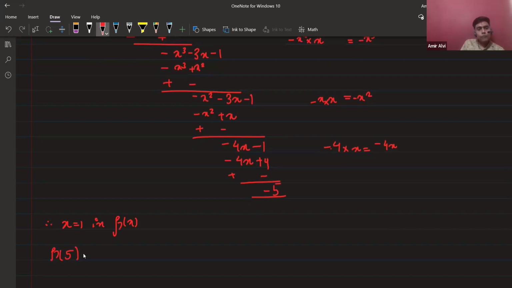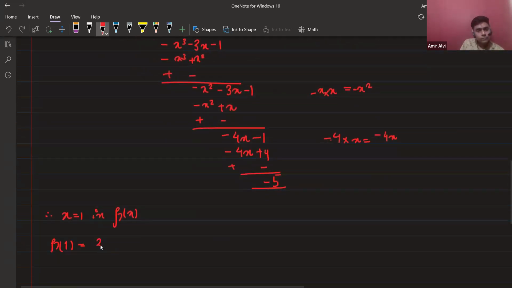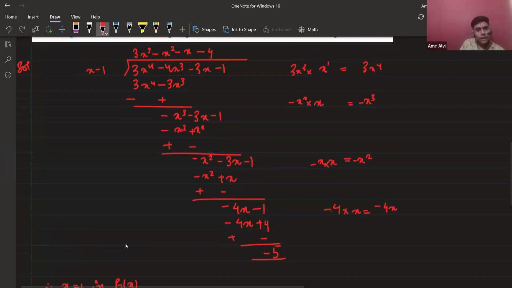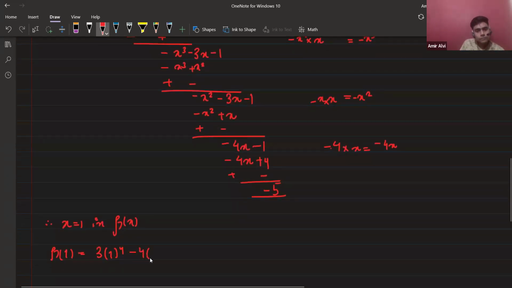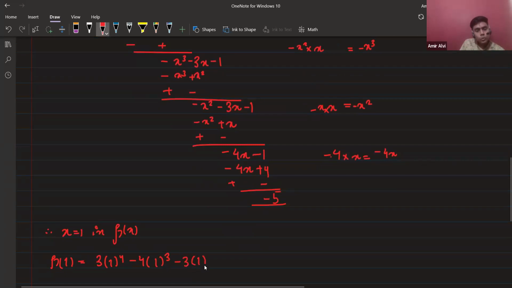P of 1, not 5, 1, sorry, equals to, what is the value? 3 into 1 to the power 4, minus 4 into 1 cube, minus 3 into 1 minus 1. This will be 3 minus 4 minus 3 minus 1. So negative 3 and positive 3 will cancel. Minus 4 and minus 1 will be minus 5.